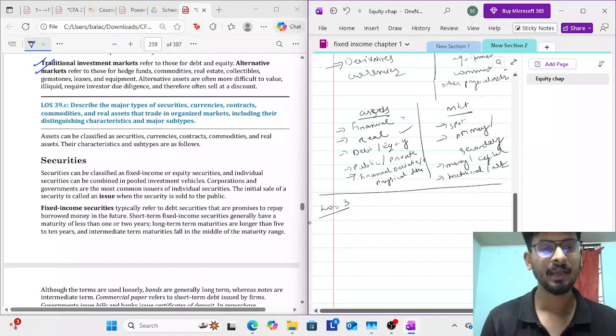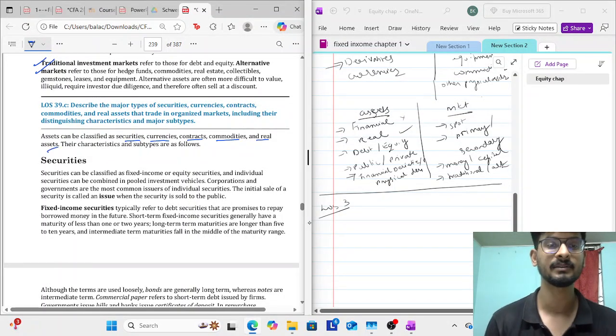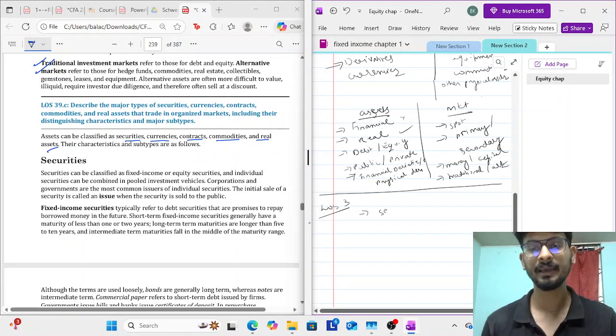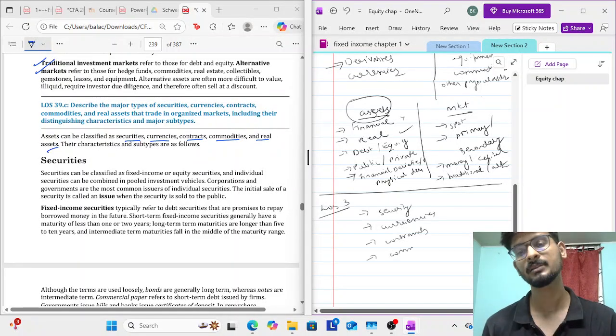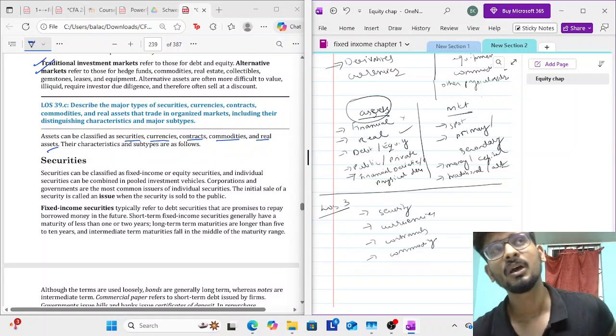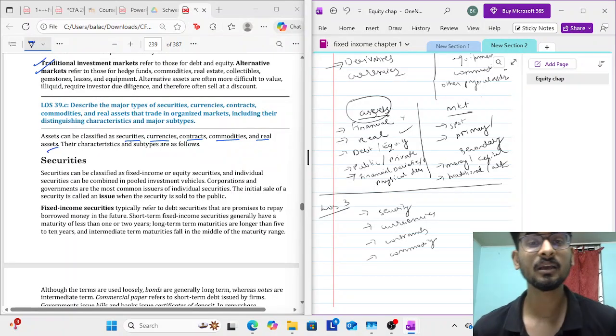Now assets can be classified as securities, currencies, contracts, commodities, and real assets. Till 2023-24, there was an SEC chairman in the US, Gary Gensler.